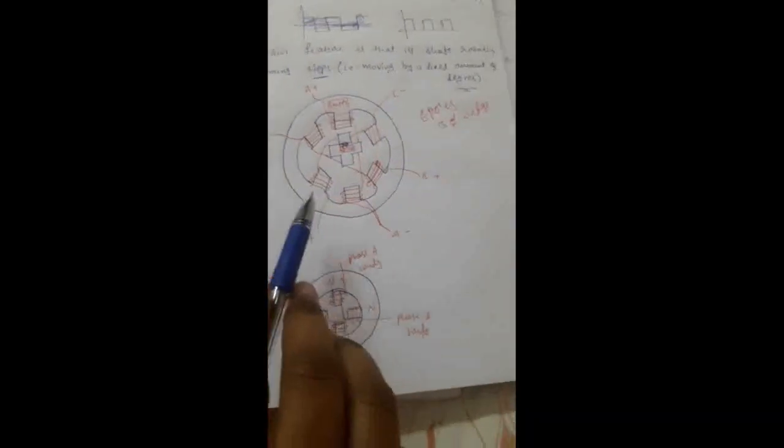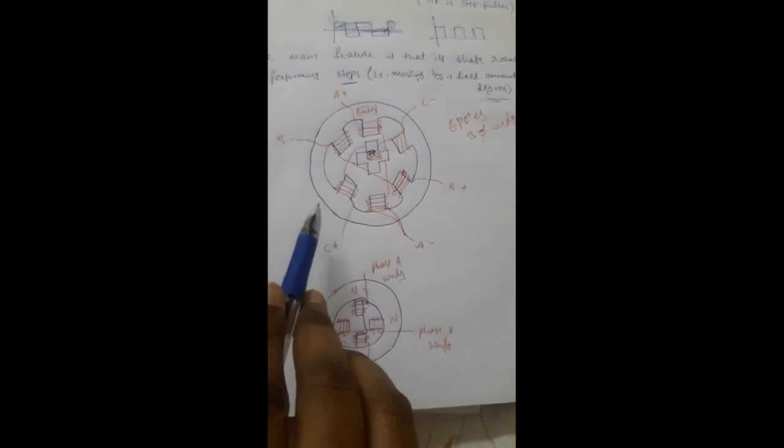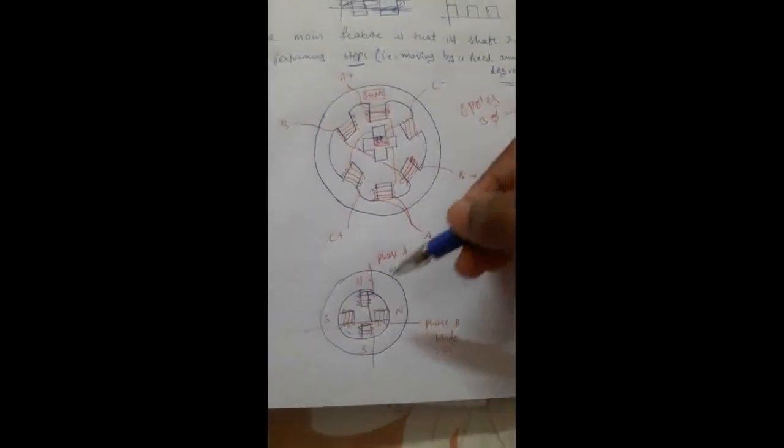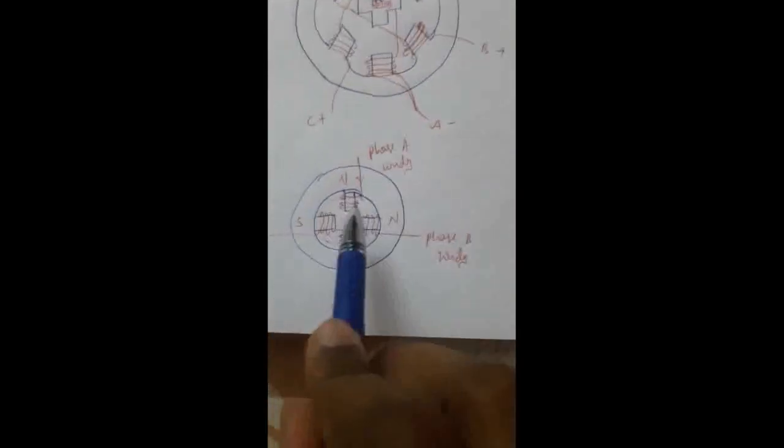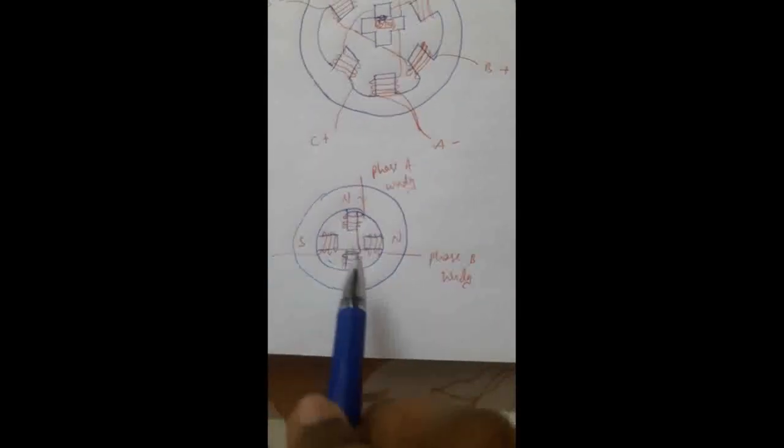So here is the diagram of the stator winding magnetic circuit. This is the stator design of the stepper motor. In this we have 4 poles.